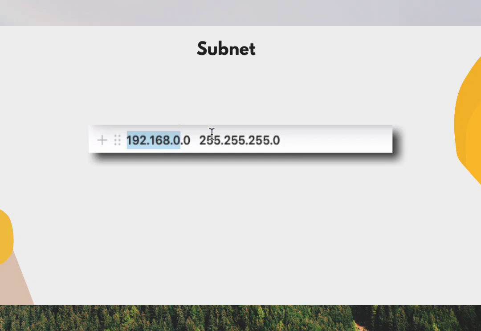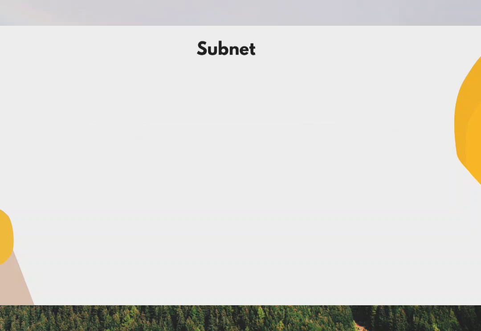So the IP addresses of this LAN here will be between 192.168.0. So the first three cannot change, they are fixated, and the last one can change, and it could be all the way up to 255. So your IP addresses will be within those ranges.